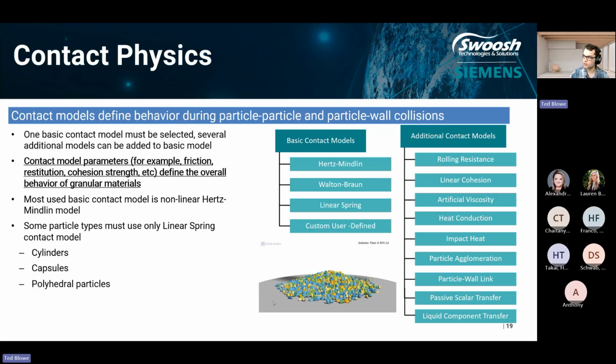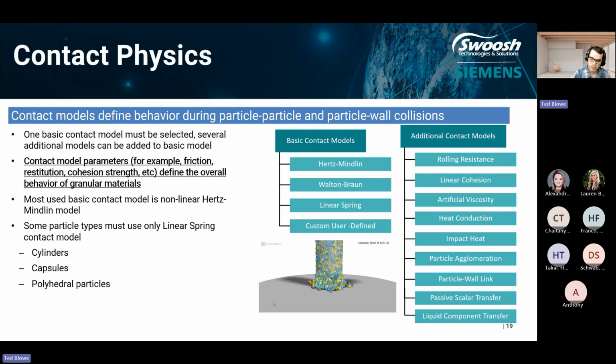The next one is the linear spring, and this is a variant of the spring dashpot model with elastic and damping forces in the normal and tangential directions. And it's useful for general elastic collisions with viscous damping. And the linear spring model is interesting because there are a couple particle types that can only be used with this basic contact model, like cylinders.